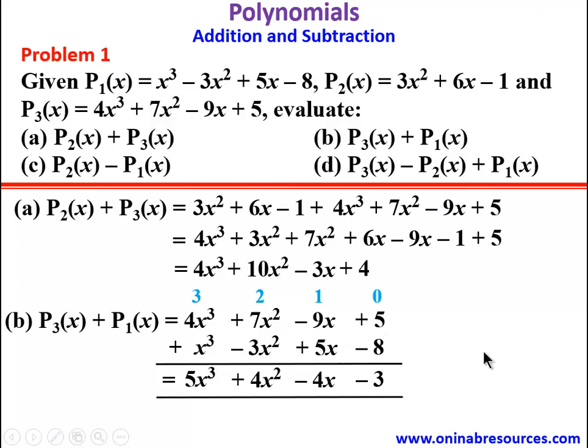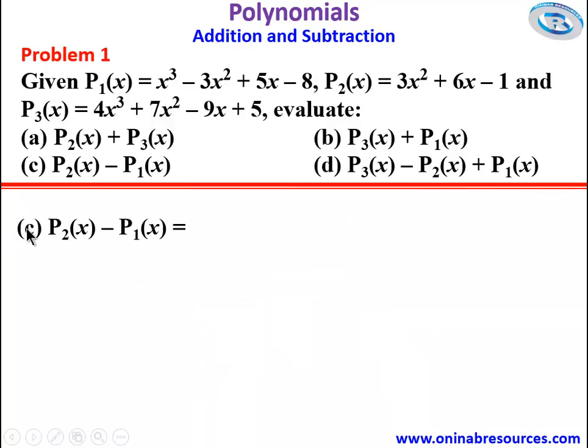Then we go to the C part. For C, I have P2 of x minus P1 of x. Again, P2 is of degree 2 and P1 is of degree 3. So what we do now is we number 3 down to 0.